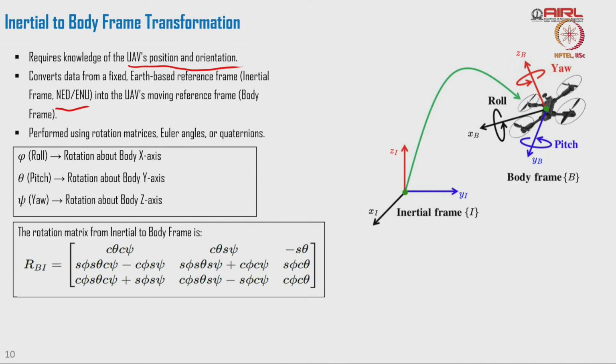So I am defining the rotational transformation matrix here. Here C represents cosine and S represents sine. For simplicity I just put C theta and C psi, which mean cosine theta and cosine psi. So I can simply use this rotation matrix to transform information expressed in the inertial frame to the body frame.